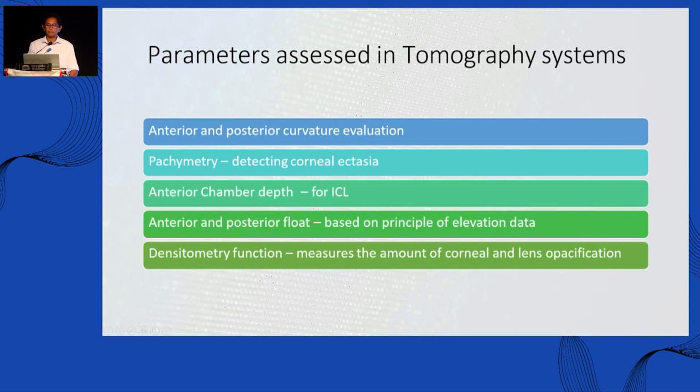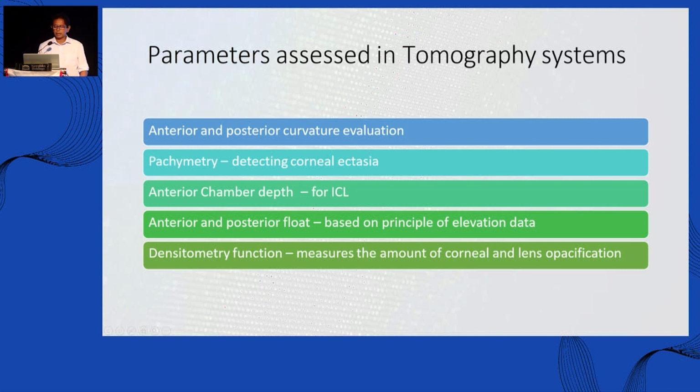Well, the tomography systems can look at the anterior and the posterior corneal curvatures. It can check the pachymetry, you can check the thickness. It can also check the anterior chamber depth, which is important for ICLs, and anterior and posterior floats, that's the elevation data on the anterior and the posterior surface.